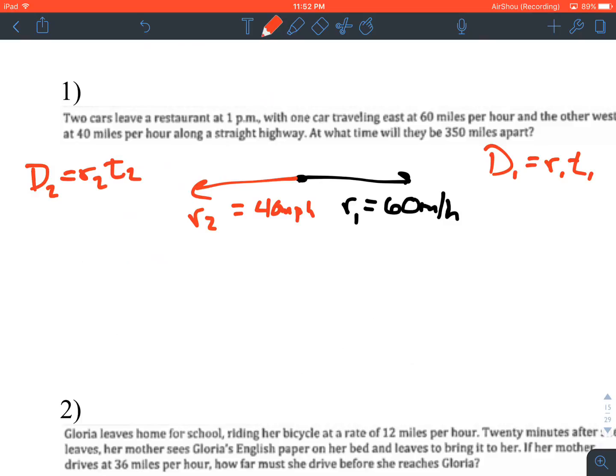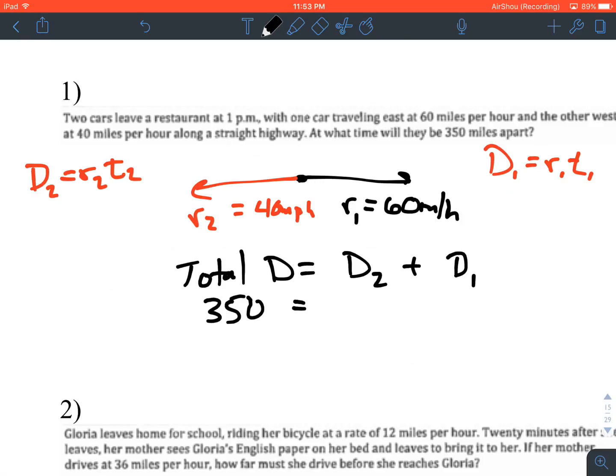So we know that the total distance is going to equal distance 1 plus distance 2. We were told the total distance is 350. Distance 1, we don't know what it is, but we know it's rate times time. And we know that the rate is 60 miles per hour.